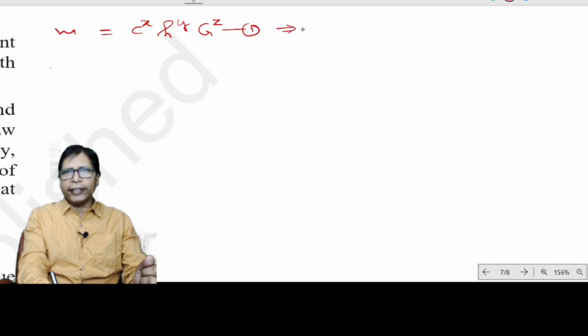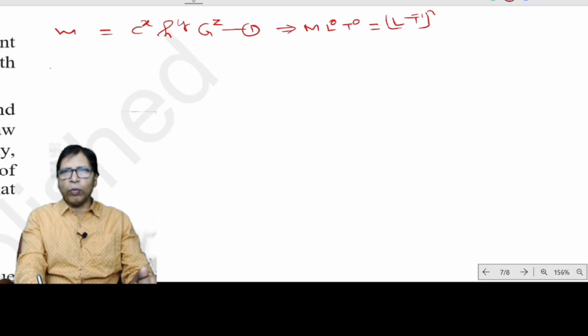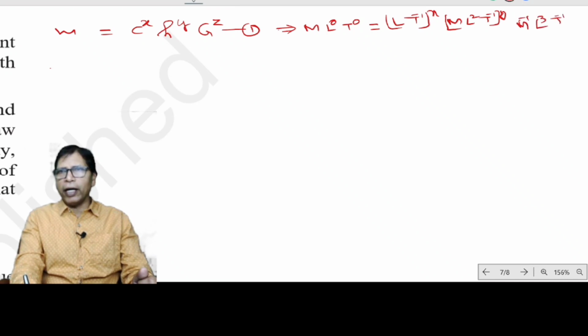This is the M, L to the power 0, T to the power 0. This equals, look at this, LT minus 1 to the power x. No problem. H is ML square T minus 1 to the power y. And G is M minus 1 L cube T minus 2, to the power z.